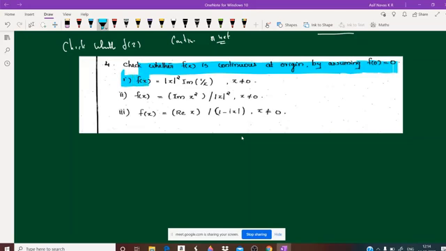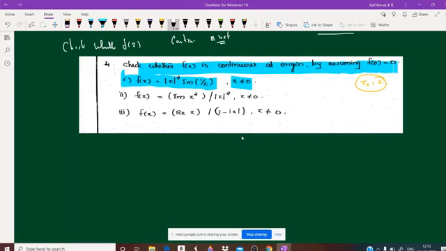So the question is f of z equal to mod z square into imaginary part of 1 by z at z not equal to 0. So we want to check continuity at the point z naught equal to 0. We will use polar form.